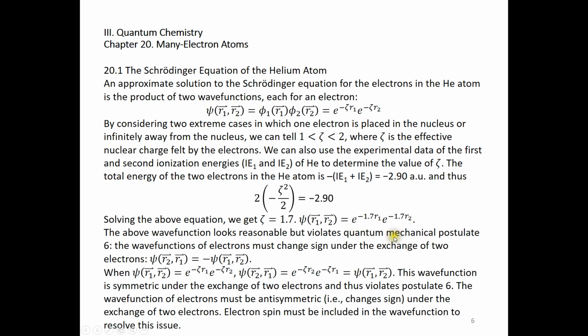Because after we exchange R1 and R2, we actually get the original wave function, we say this wave function is symmetric under the exchange of two electrons. Again, it's a violation of postulate 6. Postulate 6 says the wave function must be anti-symmetric. That means the sign must change under the exchange of two electrons.